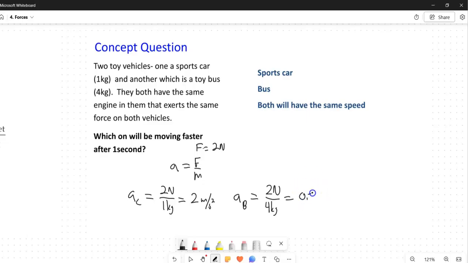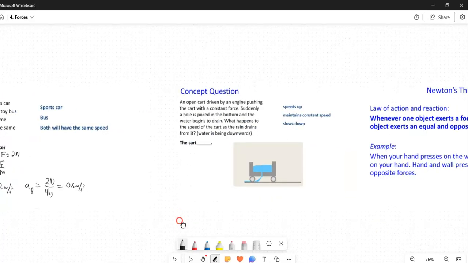That makes more sense to write it that way. So the toy car, having 1/4 of the mass of the bus, is going to have 4 times the acceleration of the bus. So that's the relationship between force, mass, and acceleration. That's one way of thinking about it.